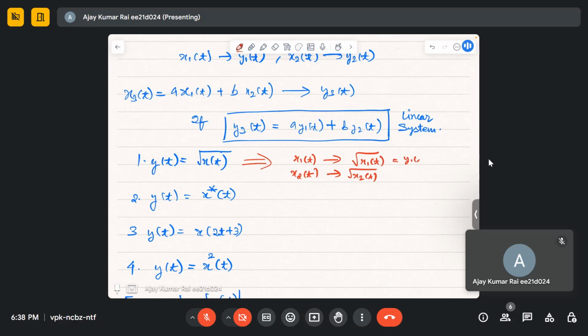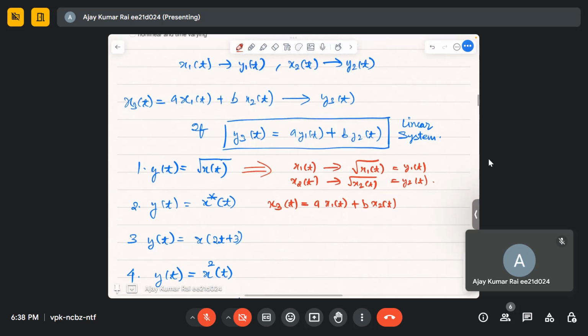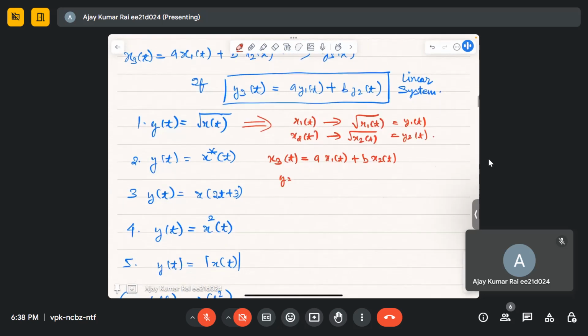So this is y1(t), and this is y2(t). Now let's suppose I give x3(t), which is a x1(t) plus b x2(t). This x3 is my new input to this system, so what should be the output? The output is y3(t), which is root of a x1(t) plus b x2(t).